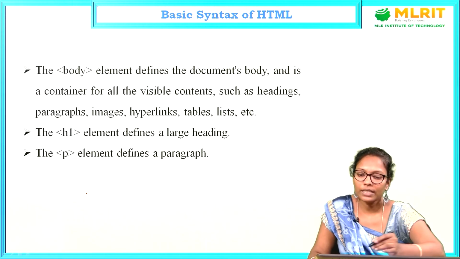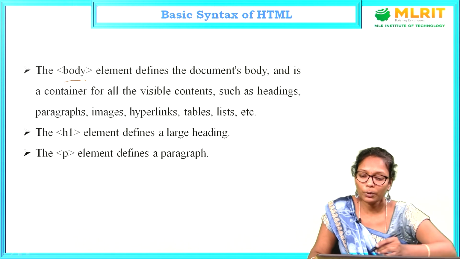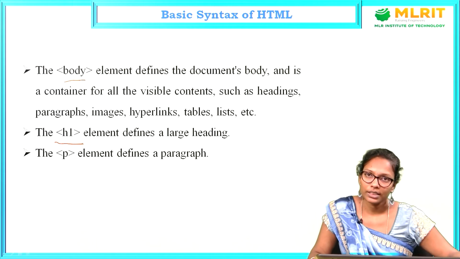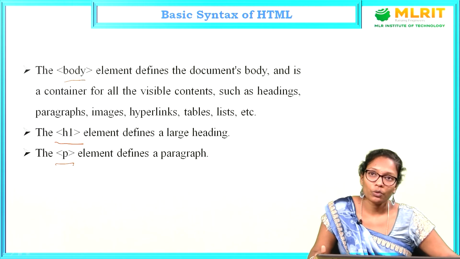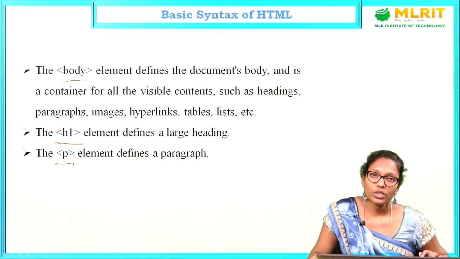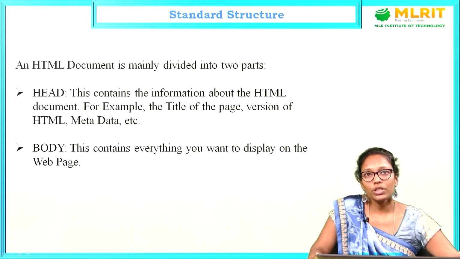The second part is the body part, within which you are writing the elements. What are the different elements we wrote in our program? One is H1, that is heading, and P, that is paragraph. After completing your program, you need to close your html tag also. So this is the basic syntax of any HTML program. And coming to the standard structure.